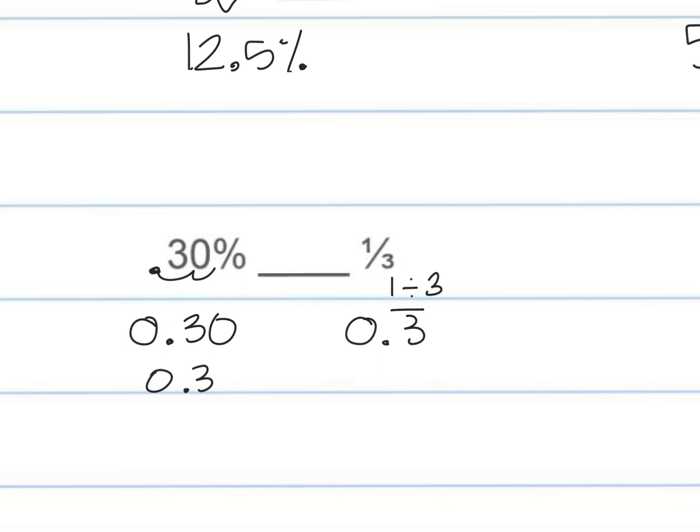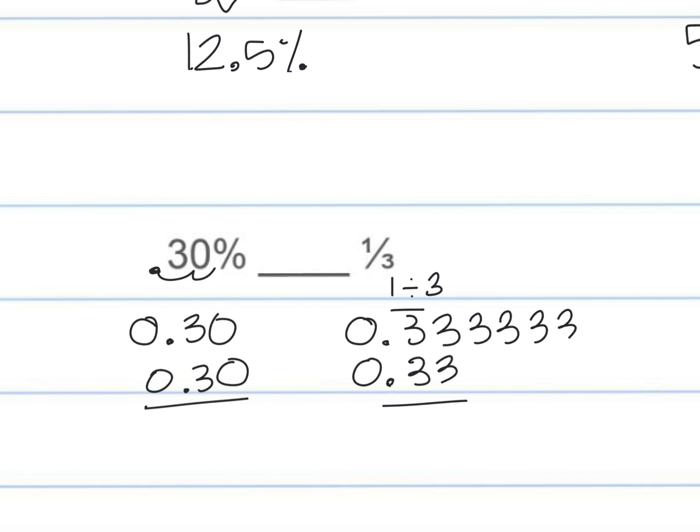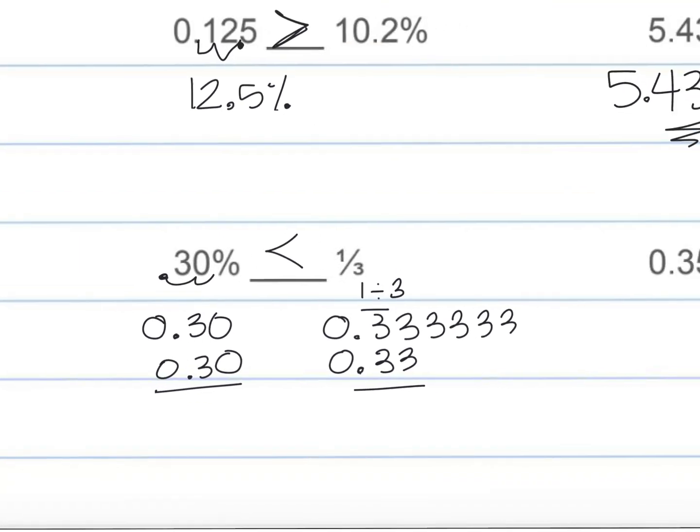Because it's the same as 0.333333, I can round it to 33/100ths. So now I'm comparing 30/100ths to 33/100ths. 33/100ths is more. So we say 30% is less than 1/3.